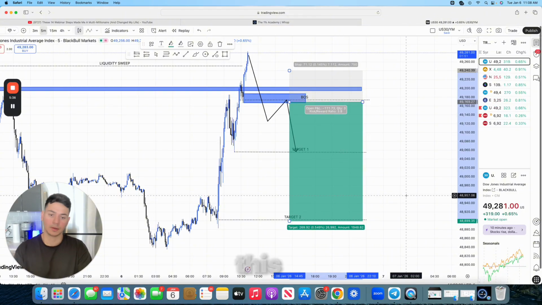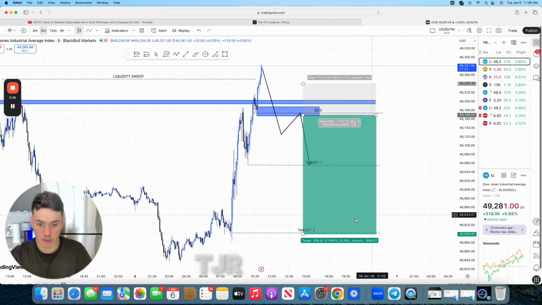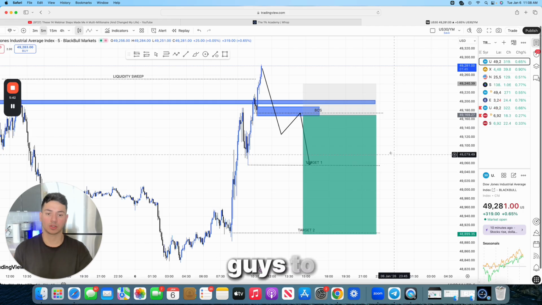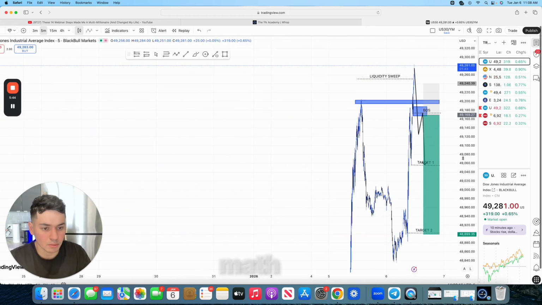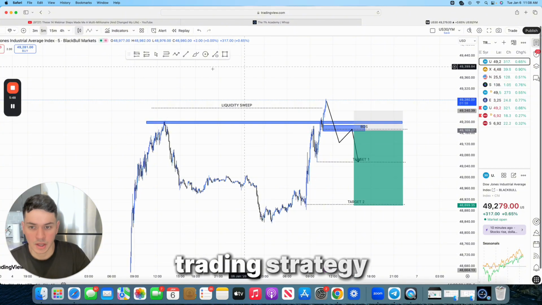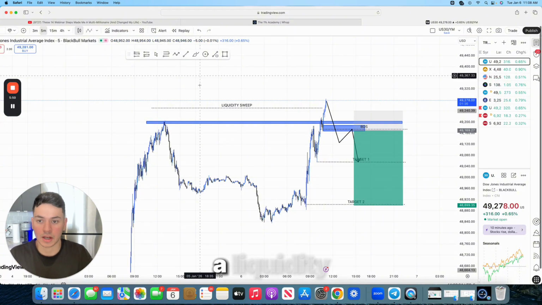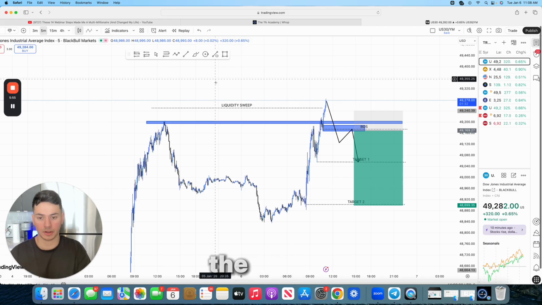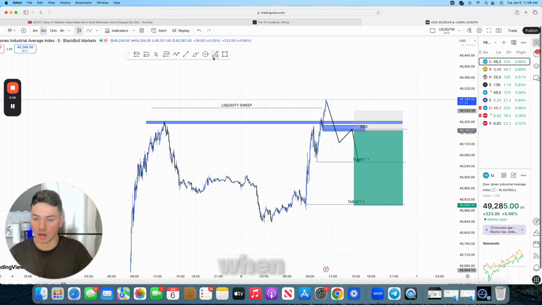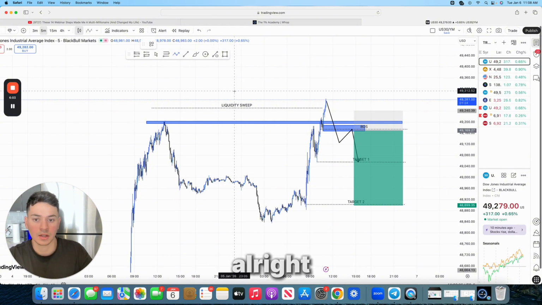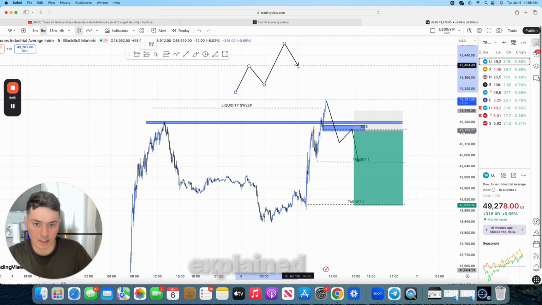This is basically the TJR strategy. This is exactly what I would take the position in, but I want you to understand the simple math and the simple structure of this trading strategy. It's just a liquidity sweep. A liquidity sweep is a fake out for either the buyers or the sellers, making them think the market is going to change direction when it's actually going to keep following the actual pattern of the market.